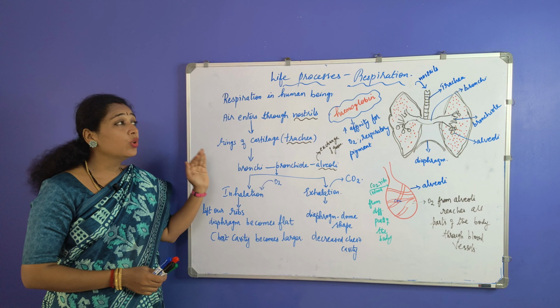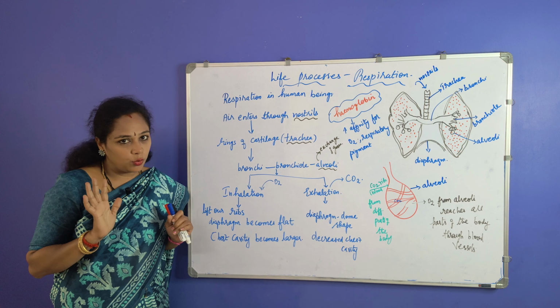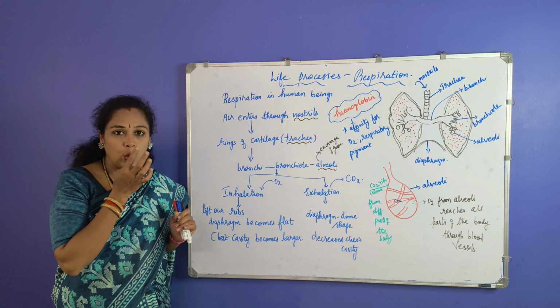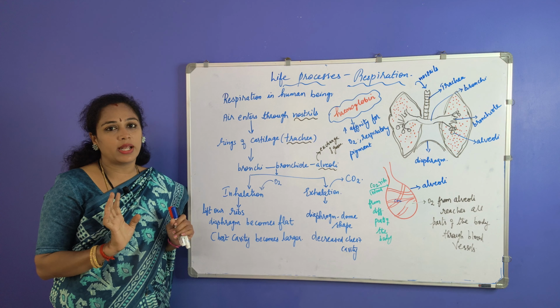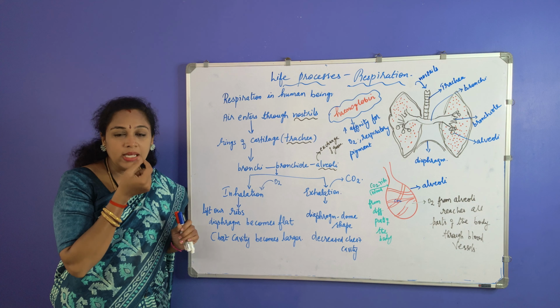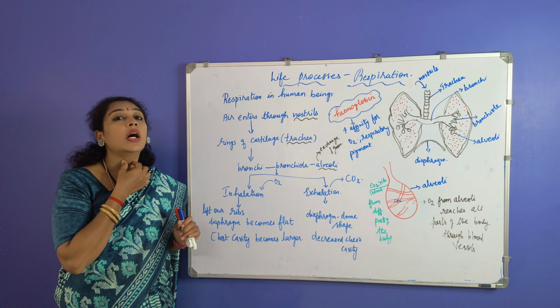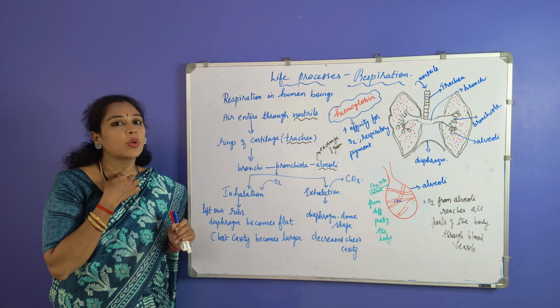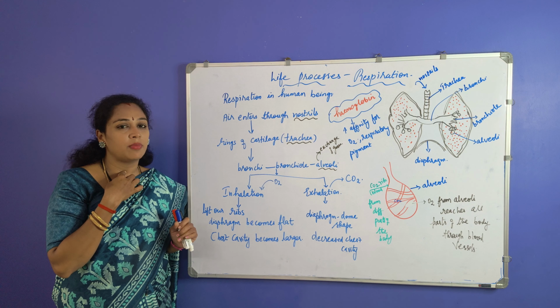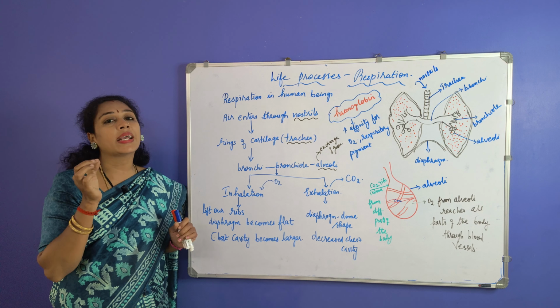We all know very well that air enters through two openings, called the nostrils. Through these two openings, the air enters and reaches the windpipe. Here you can see the windpipe, which is along with the food pipe, which I have mentioned already. And this windpipe is called the trachea.